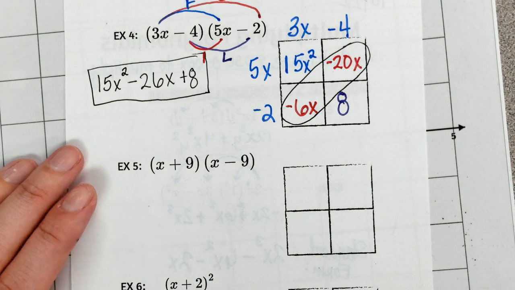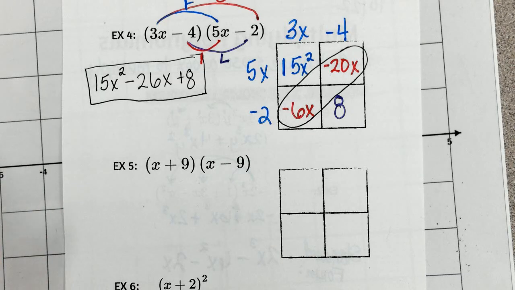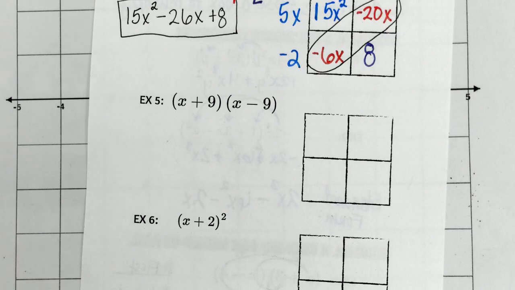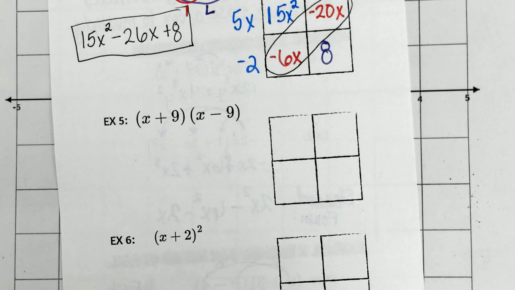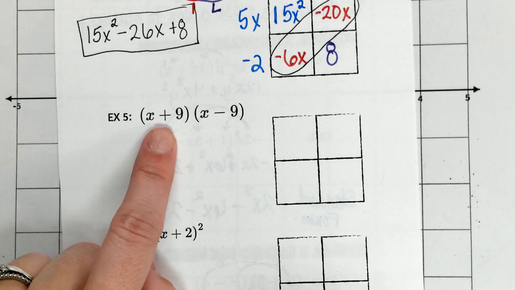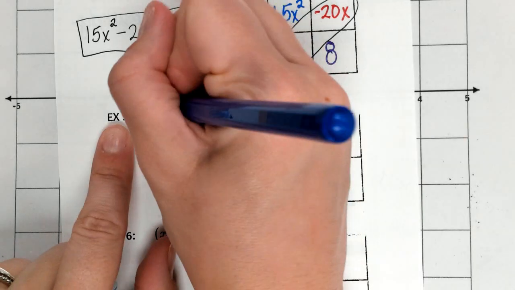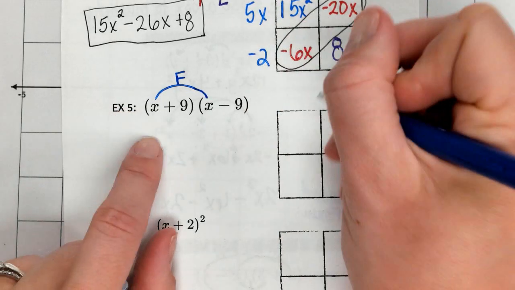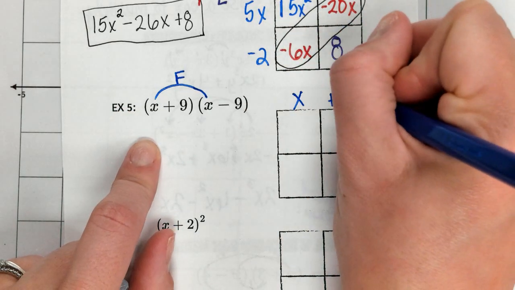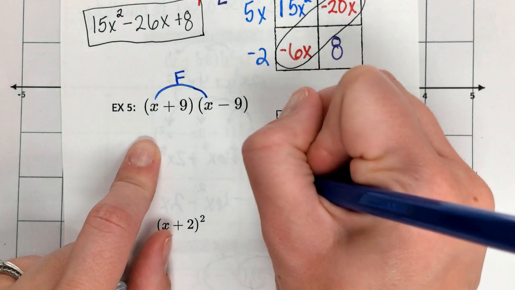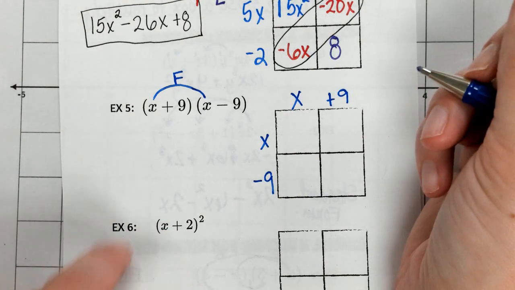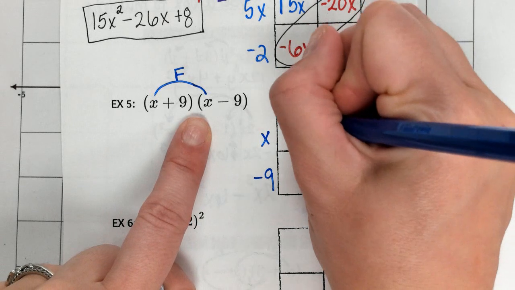Okay? Pretty good? Okay, the last two, these are just special cases, all right? So let's see what happens when we have these special cases. So if I'm going to do x plus 9 times x minus 9, the F in FOIL, the first terms, so this is x squared.